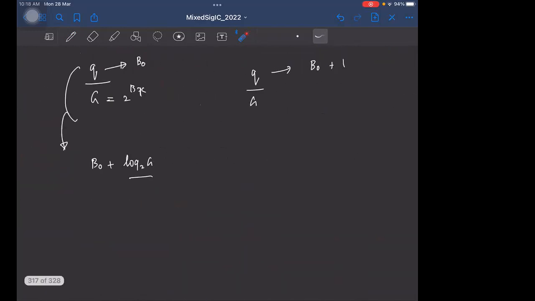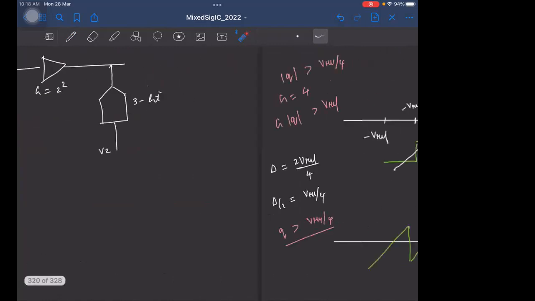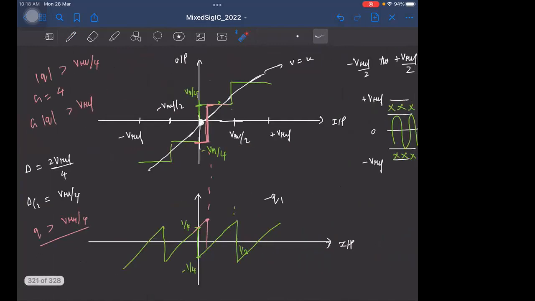Whatever non-ideality is associated with the ADC comes because of the fact that the transition voltages can have some kind of error. So for example, instead of having the transition voltage here, this can be at this point, right?